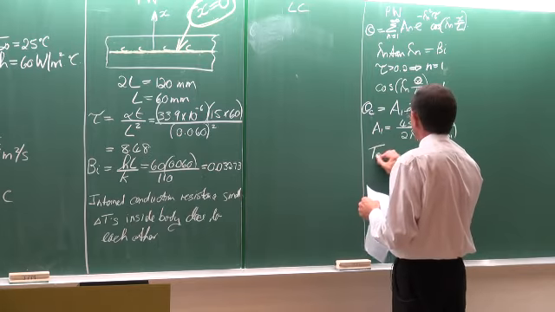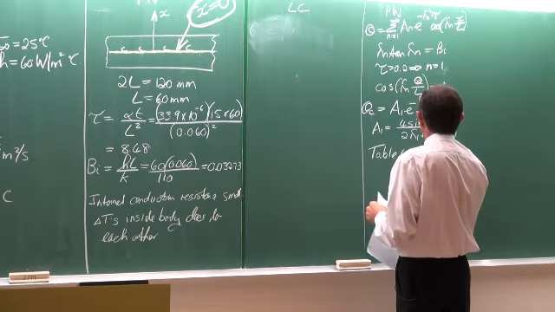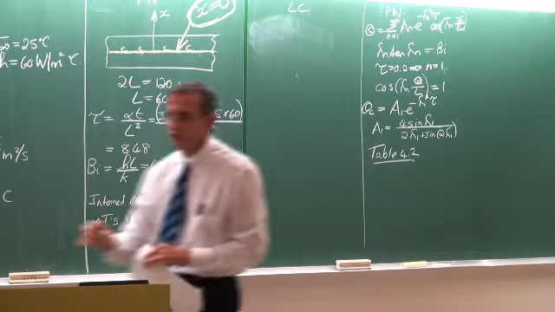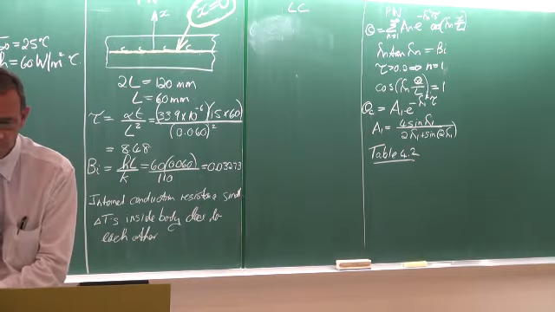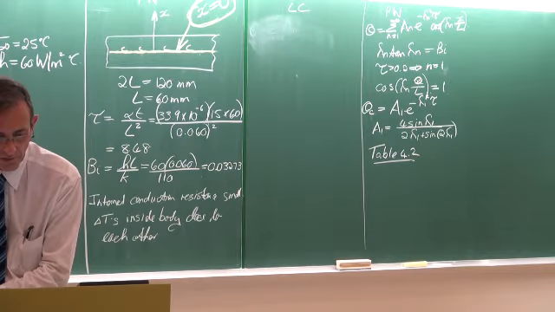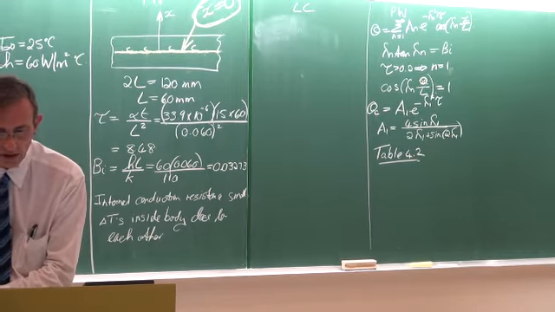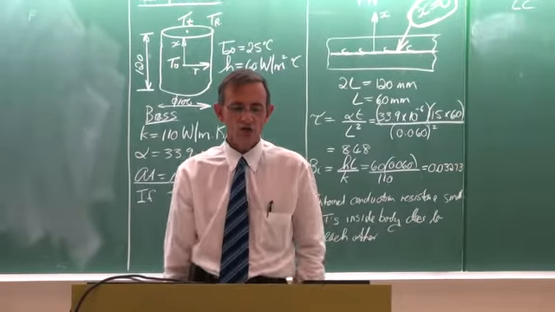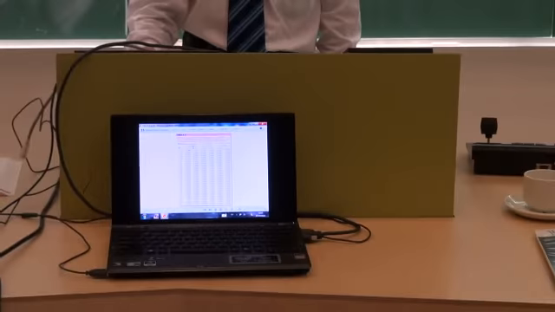Because in table 4.2, it would also give us the values for lambda 1 and A1 for different values of the Biot number.